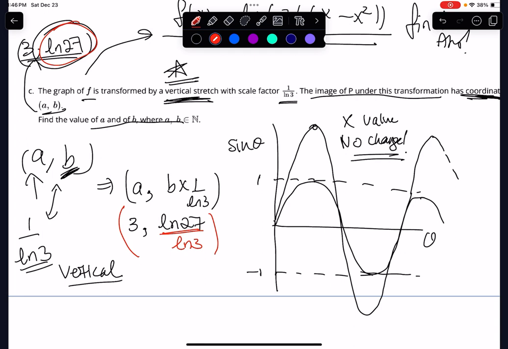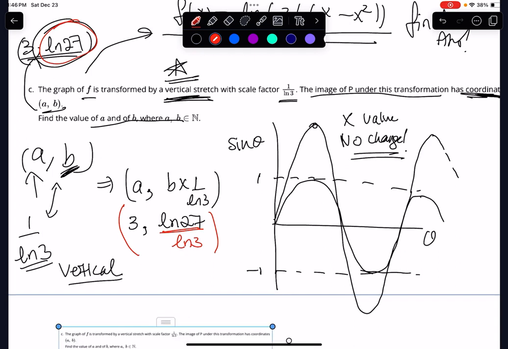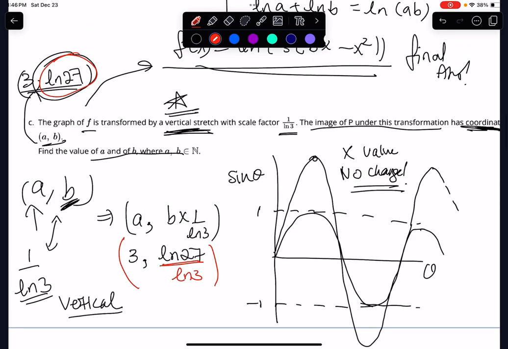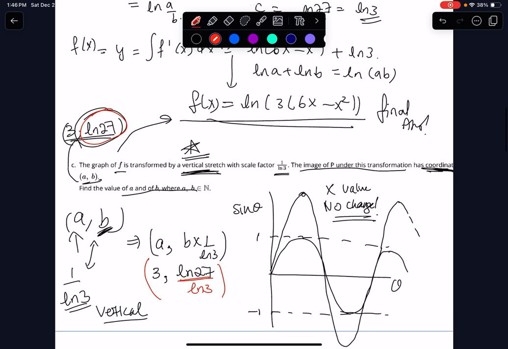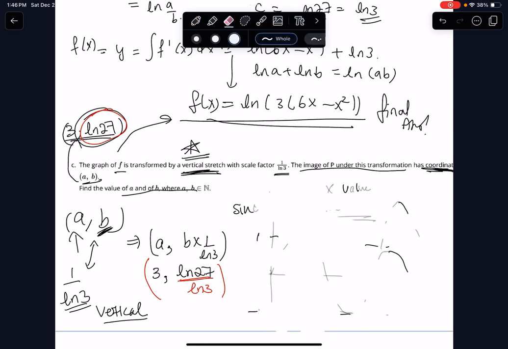Now, ln of 27 by ln of 3, I'll just erase this over here.